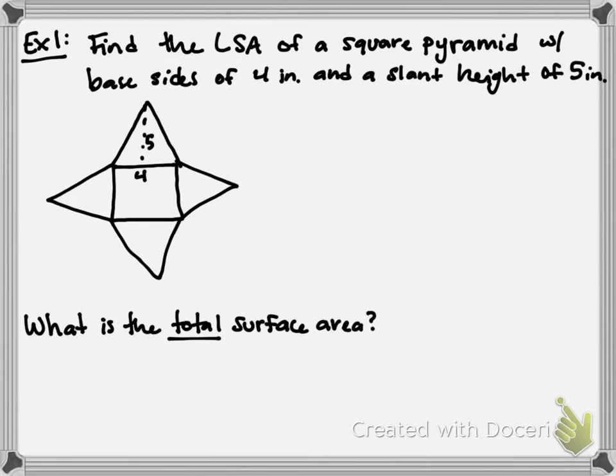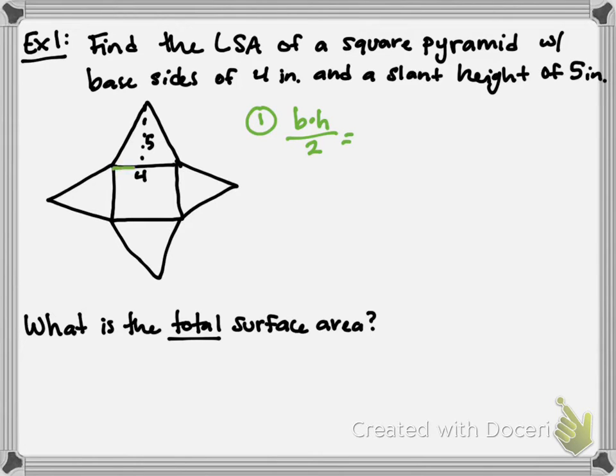All right, so example 1: find the lateral surface area of a square pyramid with base sides of 4 inches and a slant height of 5 inches. Okay, so a couple different ways we can do this. The first way would be the area of one triangle, so base times height divided by 2.